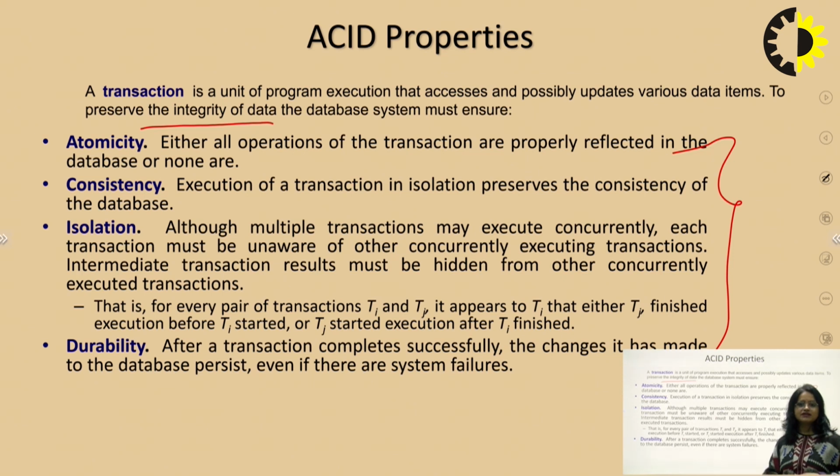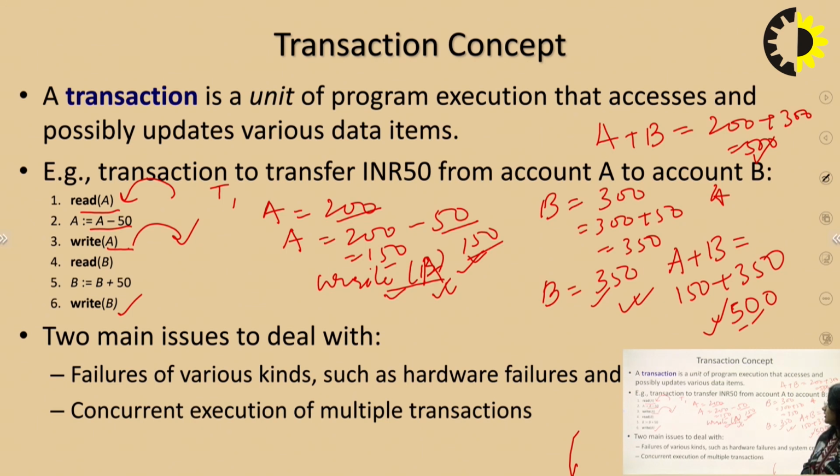What these properties are, basically, we can discuss, starting with atomicity. Atomicity says that either all operations of the transaction are properly reflected in the database or none. Let's suppose we have deducted this 50 amount from 200, and now at some point this is not happening due to a failure, like a network failure or any type of failure, and it is not updated.